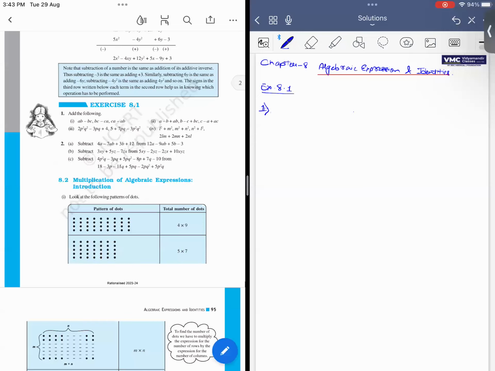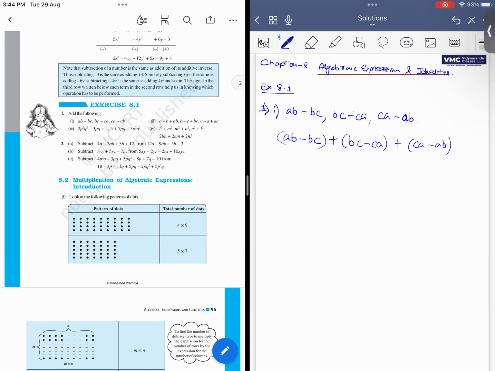So in the first question, first sub part, AB minus BC, comma, BC minus CA, comma, CA minus AB, and we need to add. So instead of comma, in the next step what we will do is (AB minus BC) plus (BC minus CA) plus (CA minus AB).